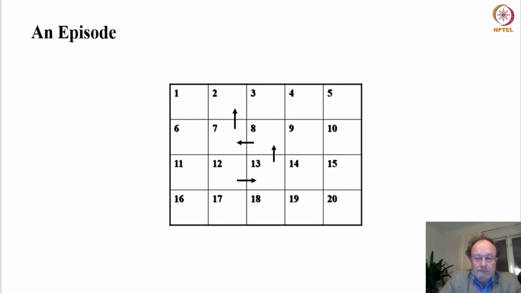Then, as you understood from the algorithm, we look at an episode. Here we look at an episode with 4 steps, going from 12 to 13 to 8 to 7 and then to 2.